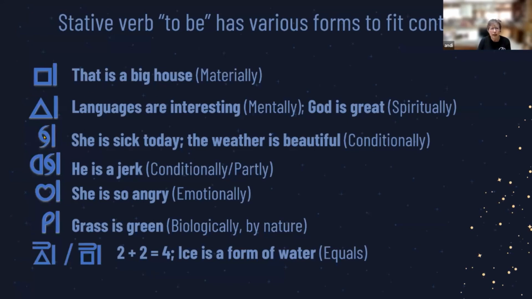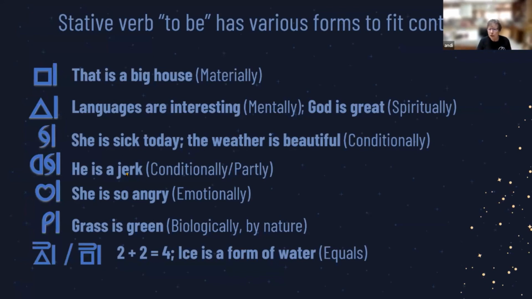And then we have this symbol we haven't had either, that is condition. Those are two parentheses that hem us into conditions. She is sick today. The weather is beautiful. These are conditions. Hopefully she'll get better. Hopefully the weather gets better. Or he is a jerk.